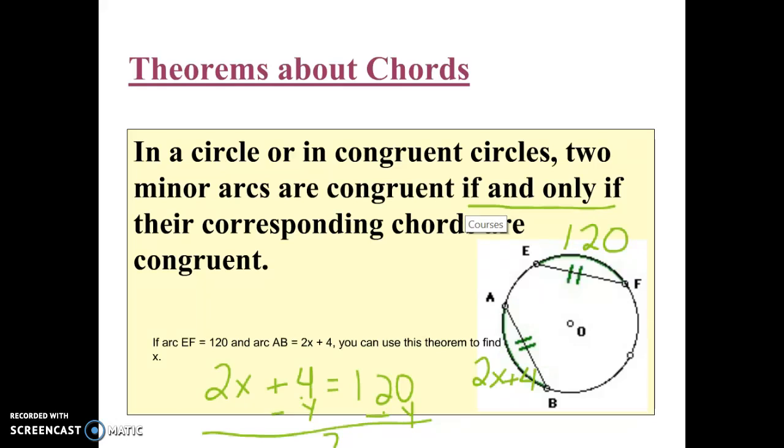We end up with 2x equals 116, or x equals 58, I believe, if I did my math correctly.